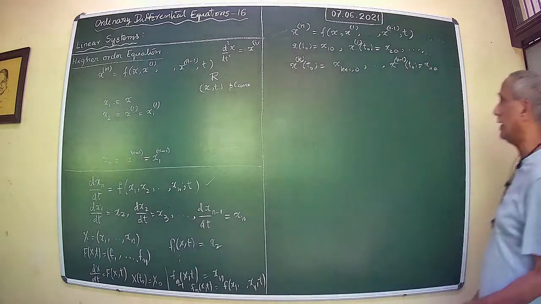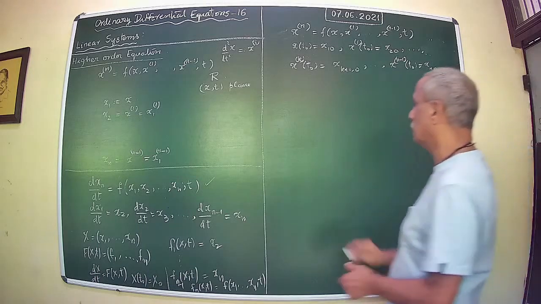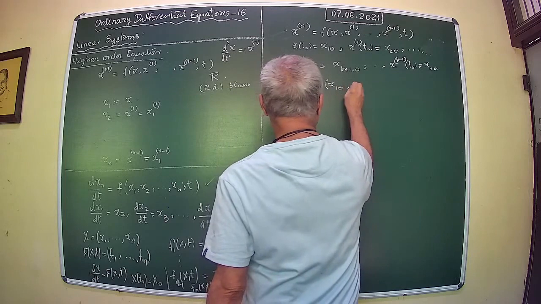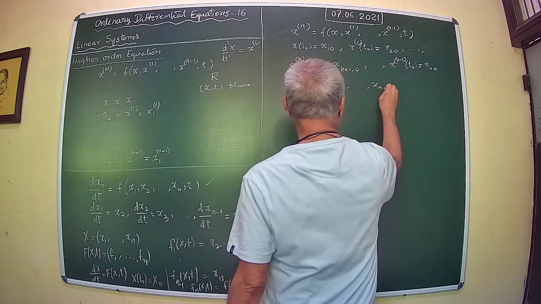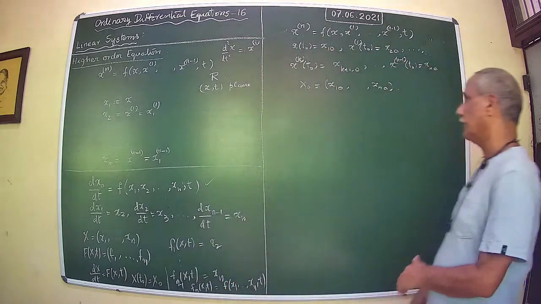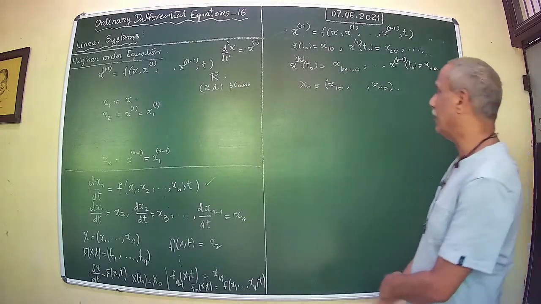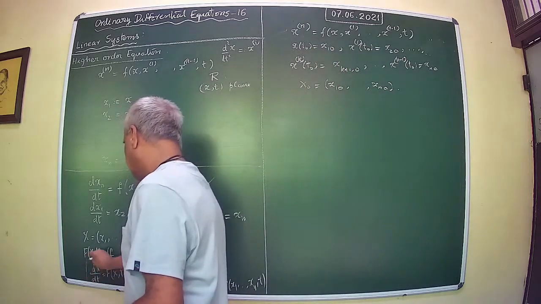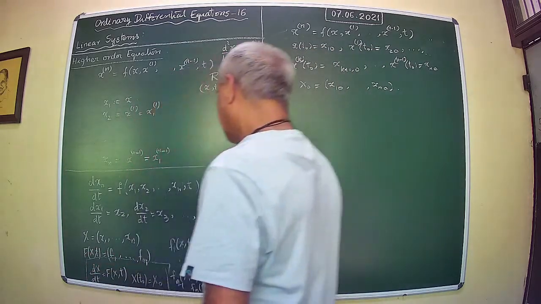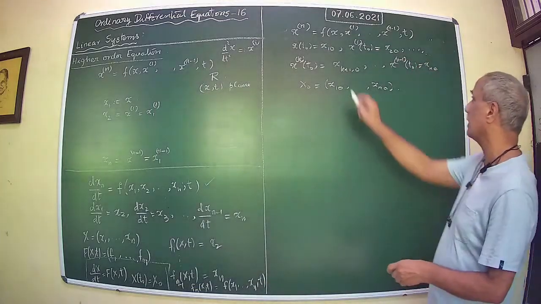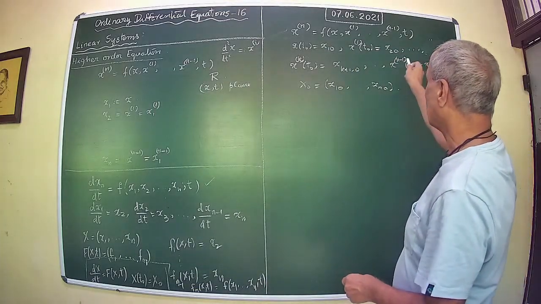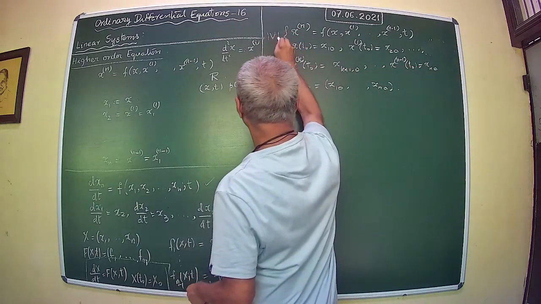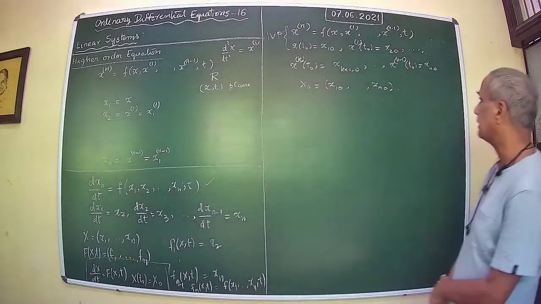So you have a point x1 naught, x2 naught, etc., and x naught is the initial point. So you see that you have completely transformed this into a system of this kind, and this is the initial value problem for an nth order equation with this set of conditions.